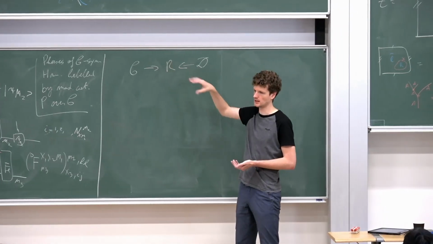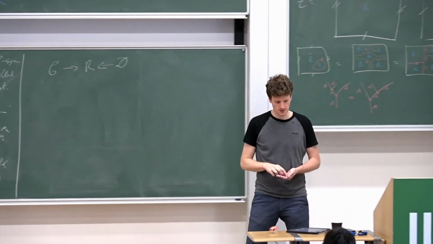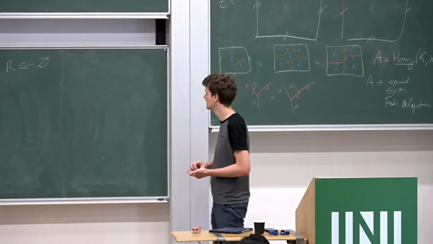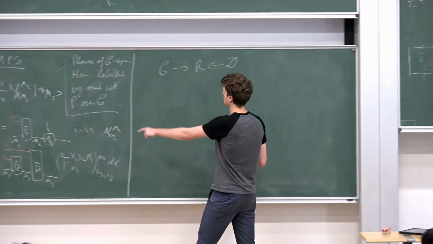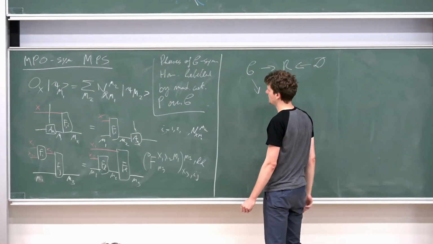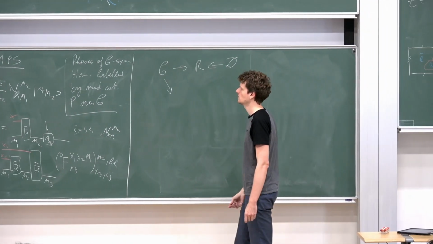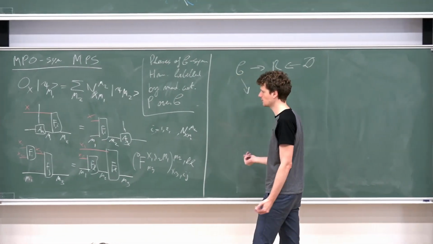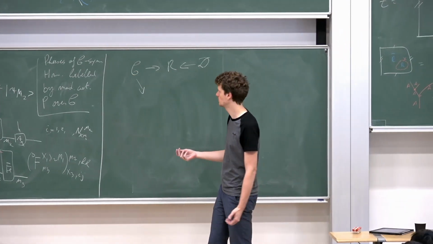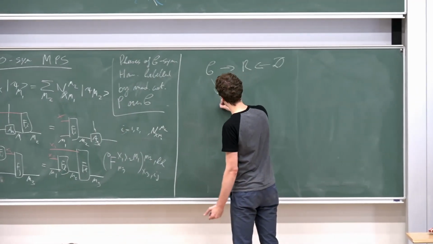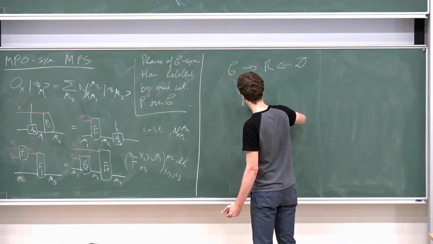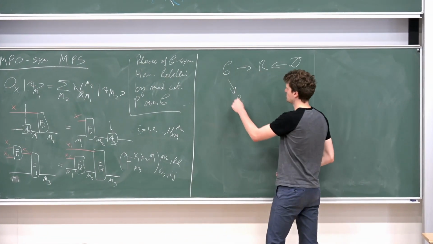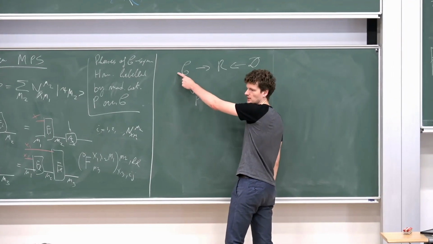In that way I will generate Hamiltonians with the same spectrum. So what I've also derived now is that phases of matter for a C-symmetric Hamiltonian are labeled by choices of module category over C. So I can put this P here. Sorry, this denotes that P is a module category over this C here.